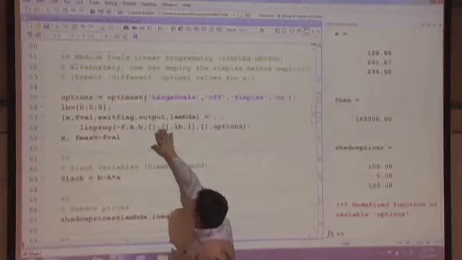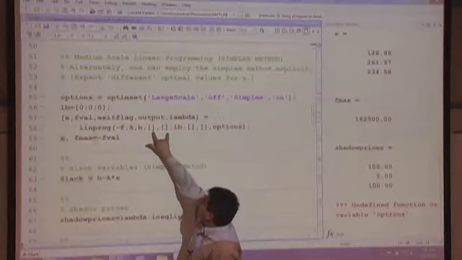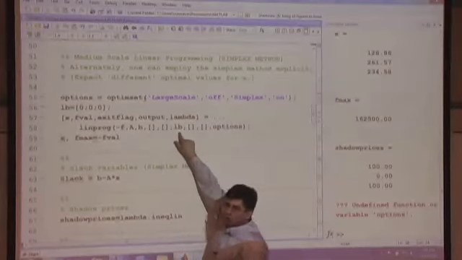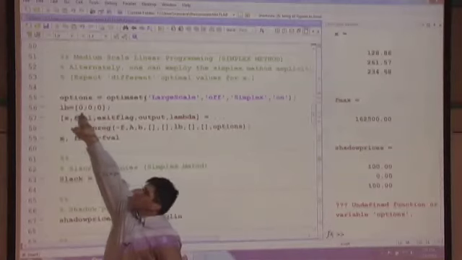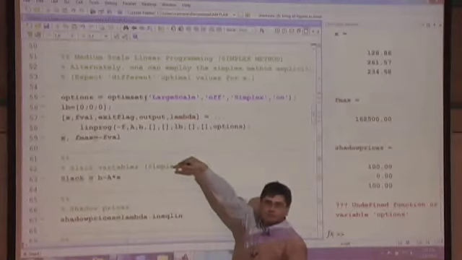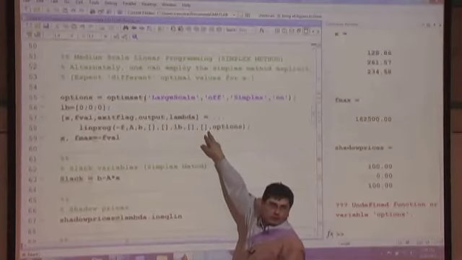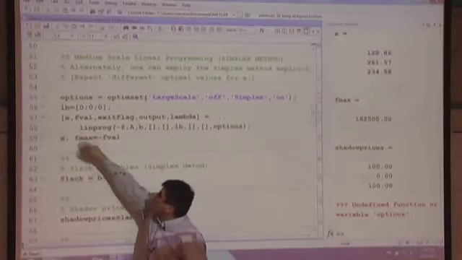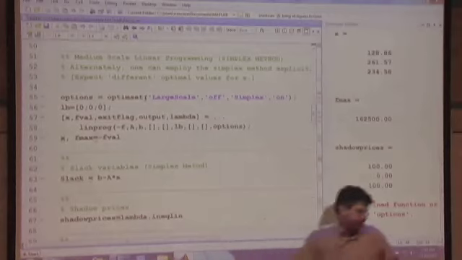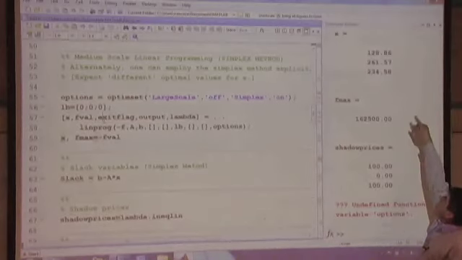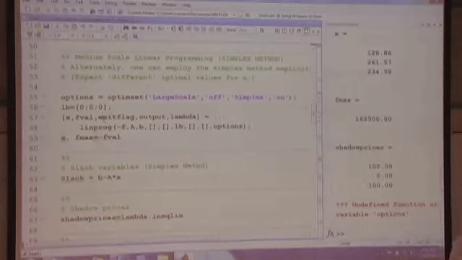Well, now we need this for the equality constraints, and we don't have any equality constraints. This is for the lower bound, so the lower bound is 0, 0, 0, right? And this is for the upper bound, and I forgot what this one is, but you can look in the linprog documentation for that, and then run it again. Now, you remember those numbers, right? Let's run it again with this syntax.